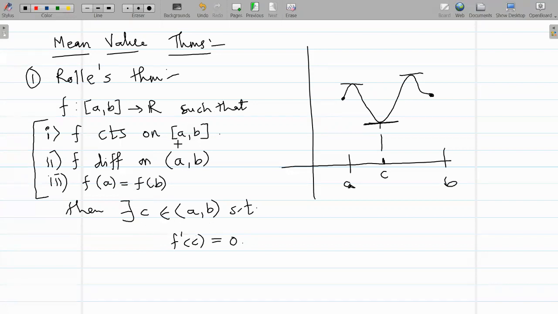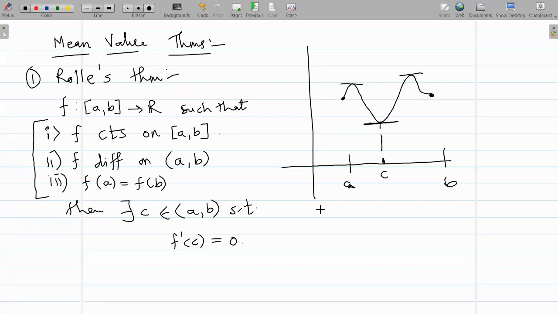If instead of closed [a, b] I take open (a, b), then you can try to see whether you can construct a function which won't have any c for which f'(c) is zero. As for differentiability, if I take closed [a, b], it is something more that I am assuming, but that's not necessary.